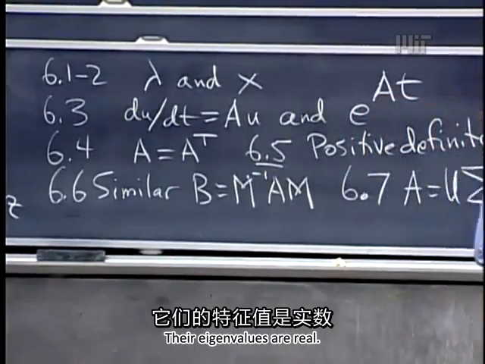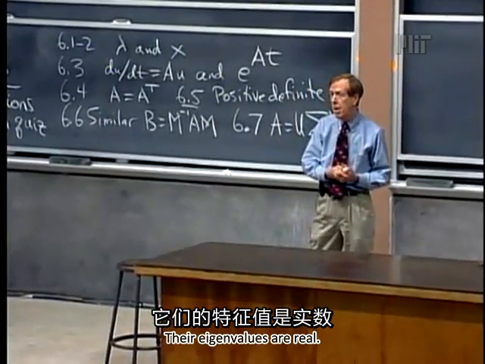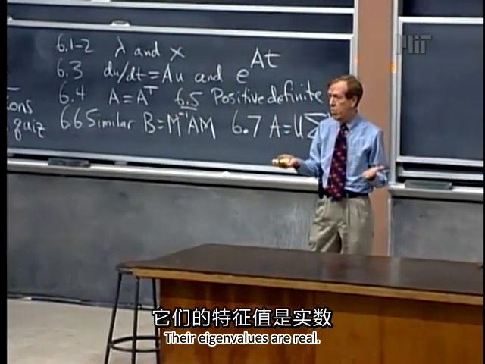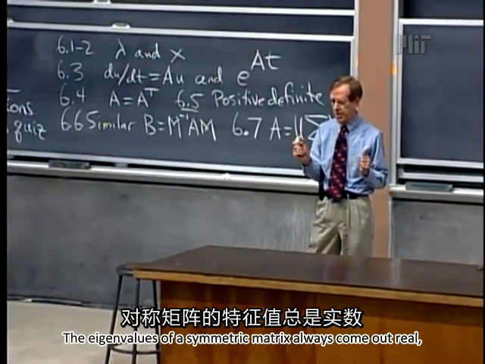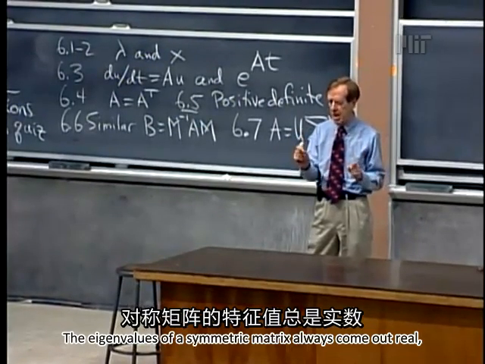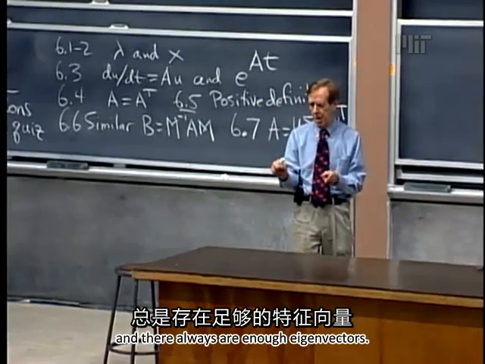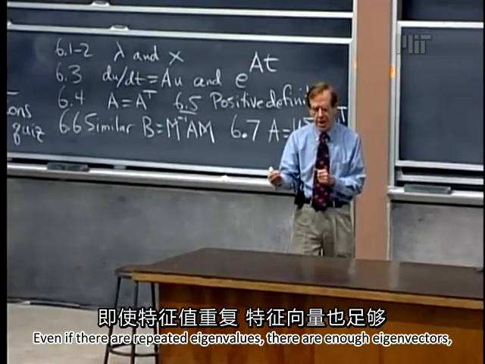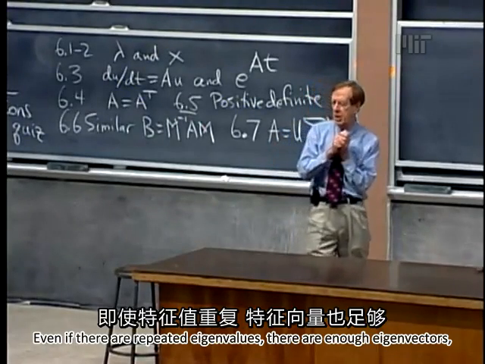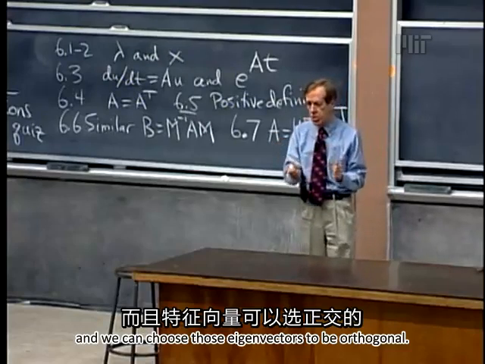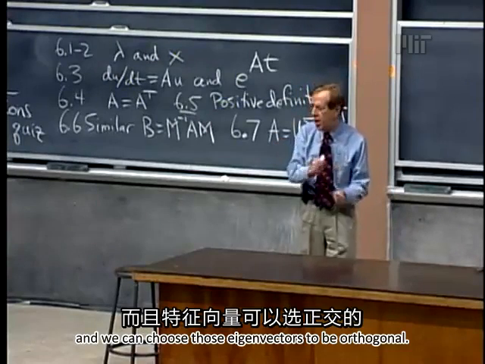Their eigenvalues are real. The eigenvalues of a symmetric matrix always come out real, and there always are enough eigenvectors. Even if there are repeated eigenvalues, there are enough eigenvectors, and we can choose those eigenvectors to be orthogonal.